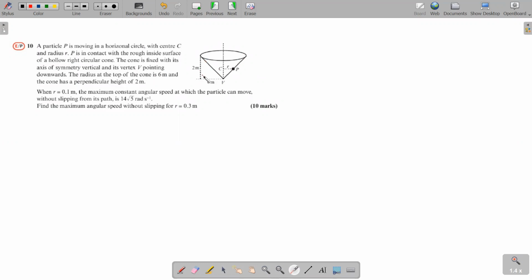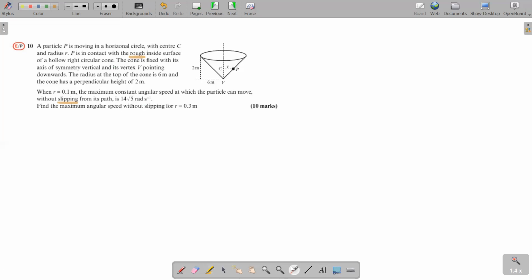When r equals 0.1, the maximum constant angular speed at which the particle can move without slipping from its path is 14 root 5 radians per second. Guys, can you see this phrase, without slipping? You can also see the word they used here, rough. Rough and without slipping definitely give you the idea that there is friction, so you need to mark a proper force diagram here.